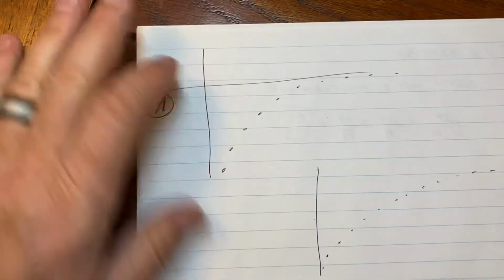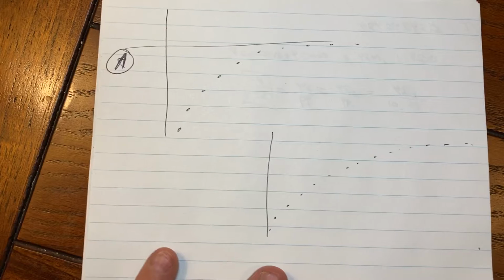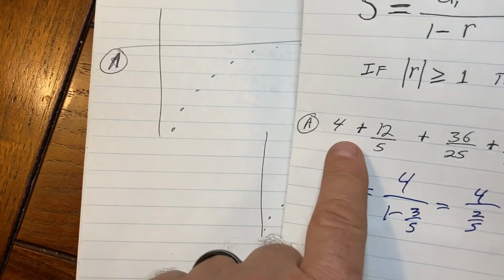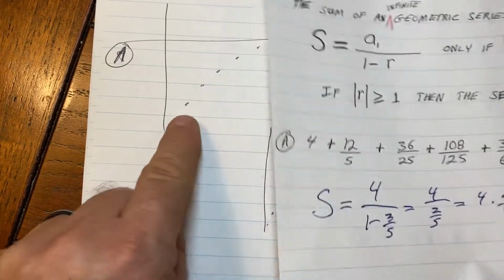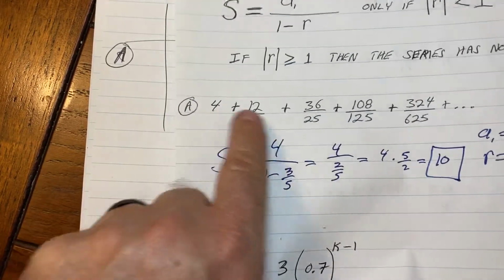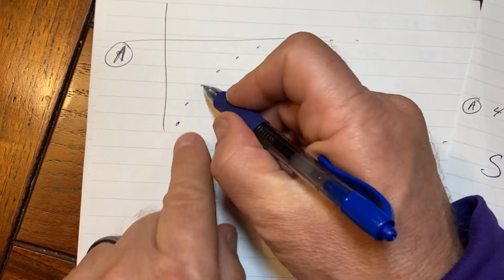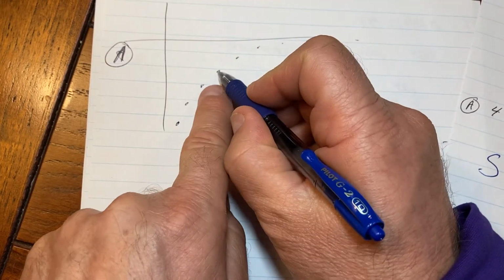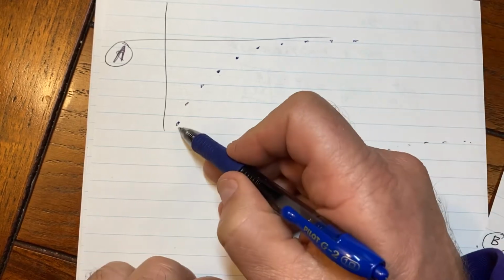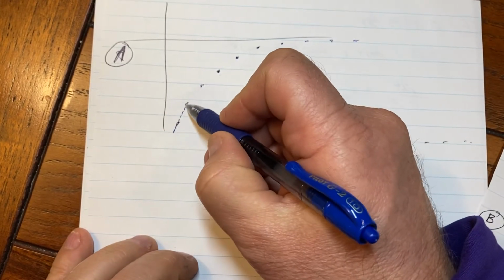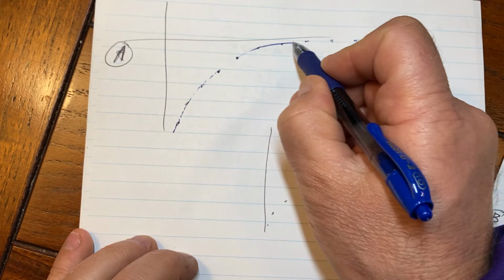So basically, let's use this as an example. If you take the value of the first term, you get some number. You add the first 2, you get the next number. The first 3 terms, you get the next number. The first 4 terms, you get this, the first 5 terms, you get this, and so on.